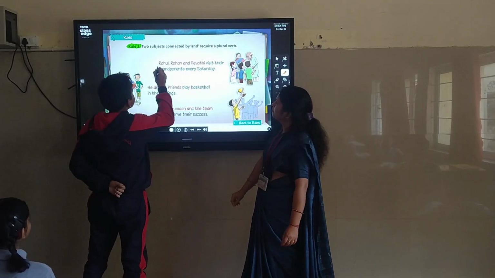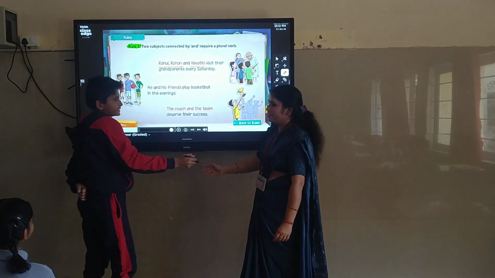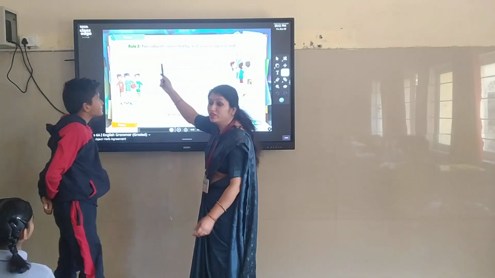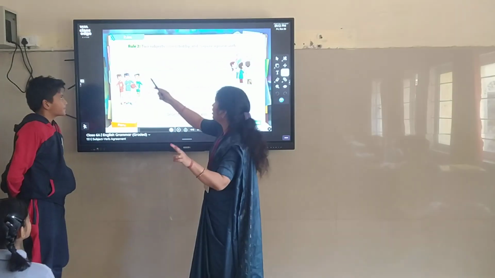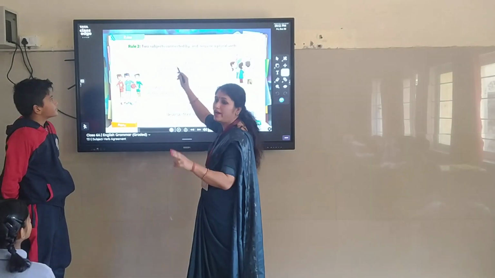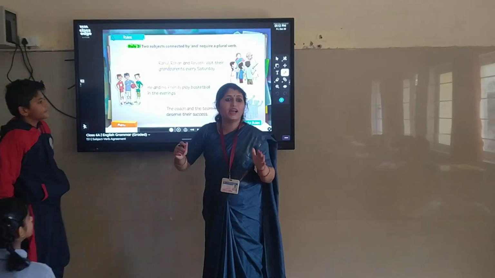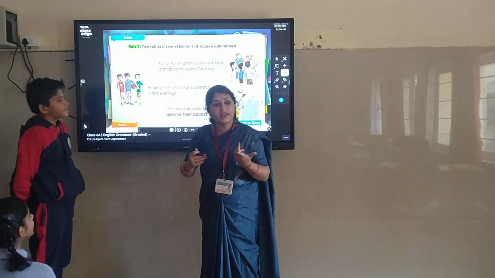Underline. These are the subjects. Here they are more than two. Revati, comma, we are using a punctuation mark. Revati, comma, Rohan and... again they are connected by 'and', and they are more than one in number.